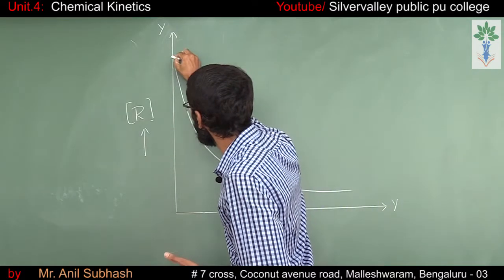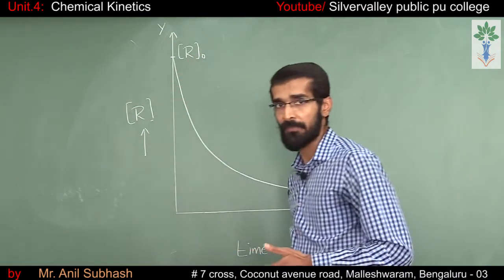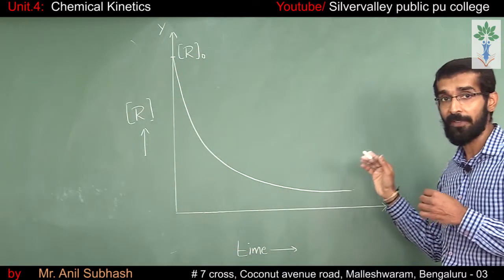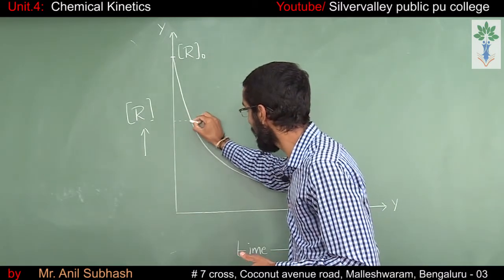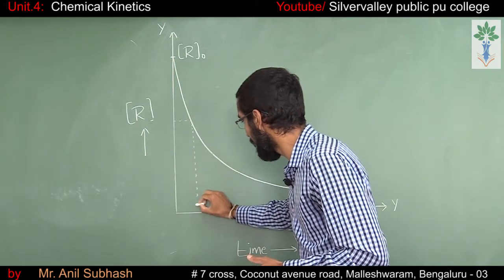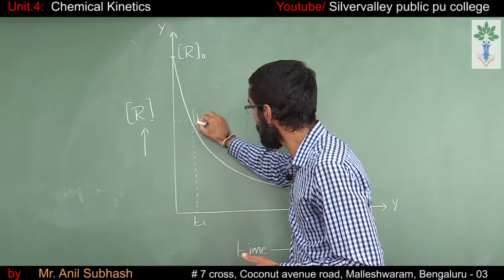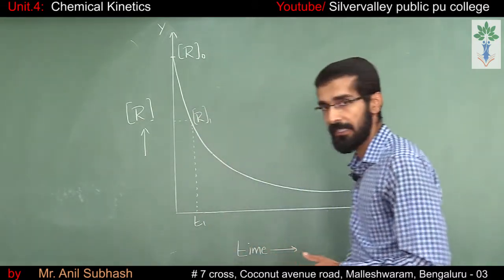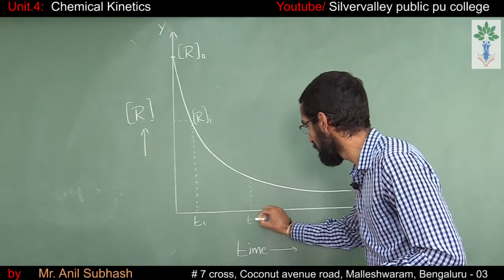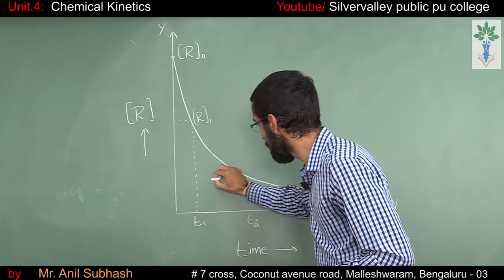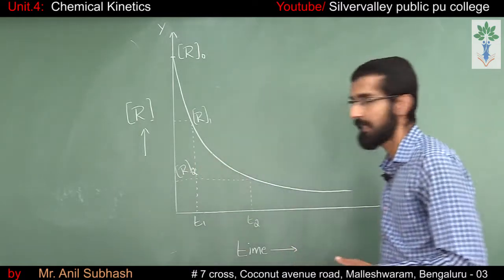This is considered as the initial concentration R0, and if I want to find out the average rate, I need to consider the concentration of the reactant at two different times: at time T1, let R1 be the concentration of the reactant, and at time T2, let R2 be the concentration of the reactant.